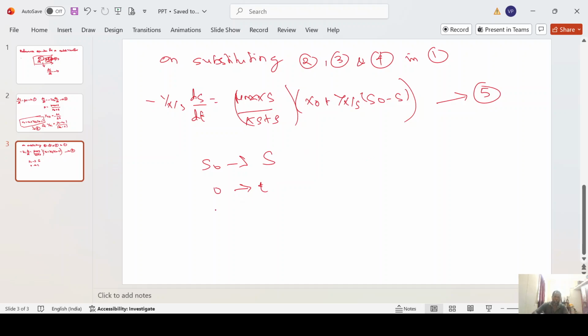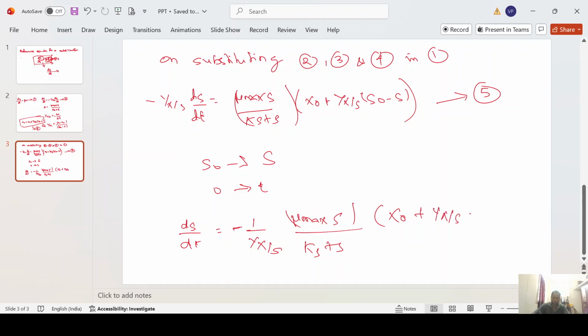Let us rearrange this. ds by dt is equal to minus 1 by yx by s, mu max s whole divided by ks plus s into x naught plus yx by s of s naught minus s.